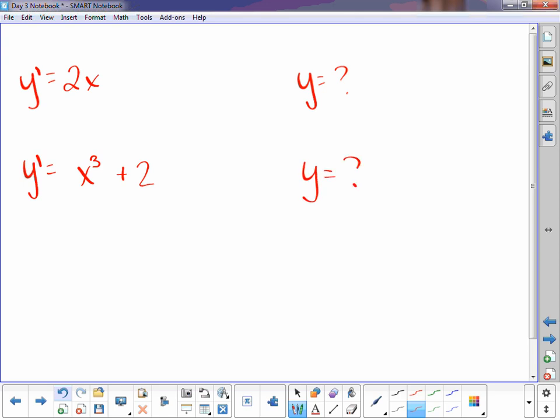Alright, so I've given you 2 derivatives. I want you to find the original functions that will yield those derivatives. Feel free to try on your own, work with someone nearby you. And if you know this from physics, don't spoil the fun for others.